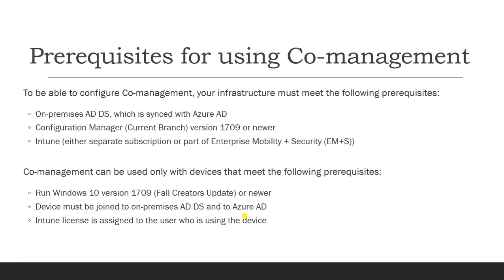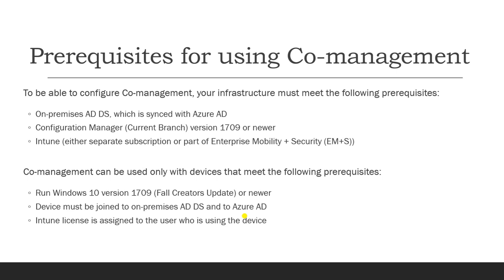Co-management can be used with devices meeting the following prerequisites. You should have Windows 10 version 1709 or a later version, and the device must be joined to on-premises AD and Azure AD.